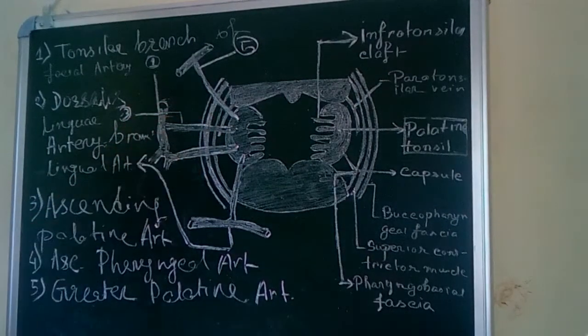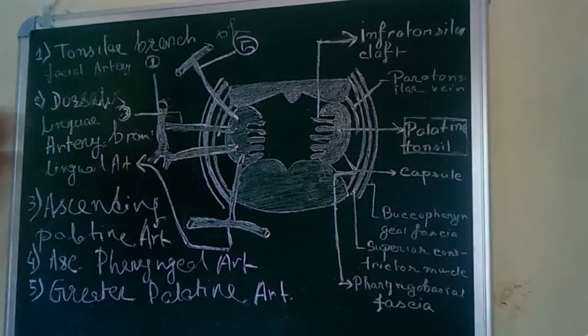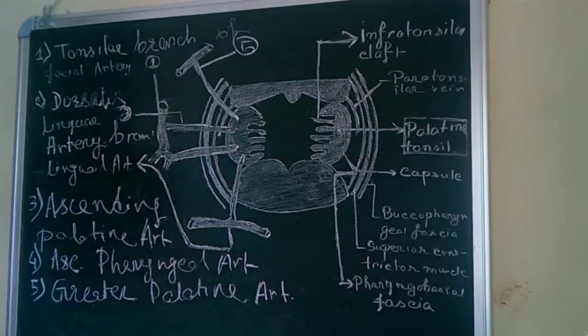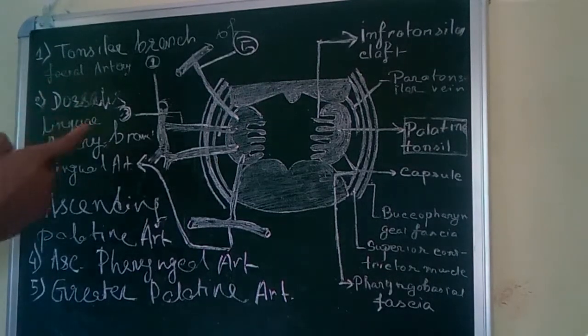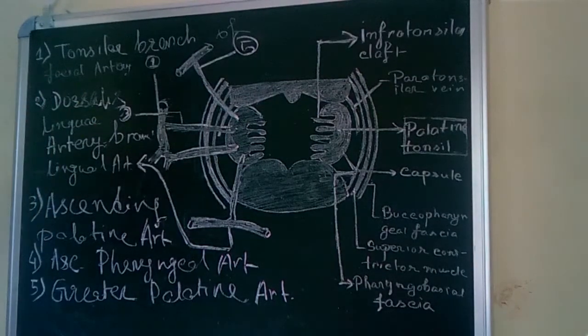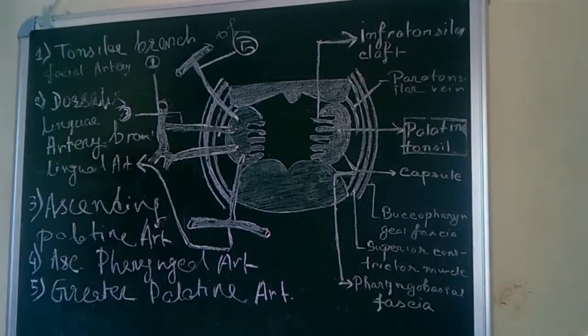And this is the tonsillar branch of the facial artery. And number 1, the tonsillar branch, is also a branch of the facial artery. So this was the arterial supply of the tonsil.